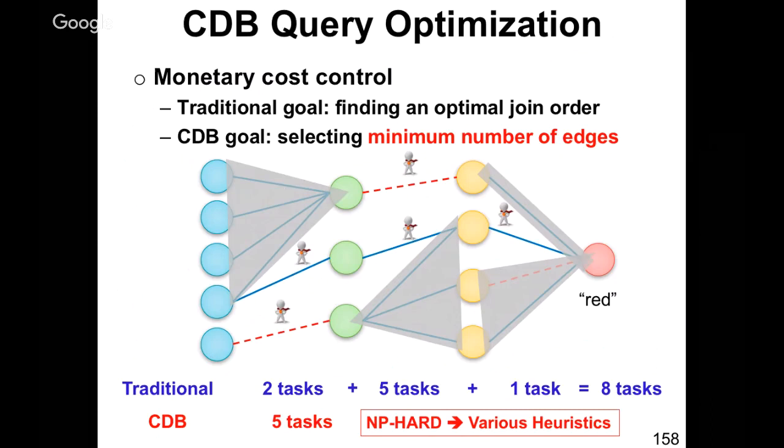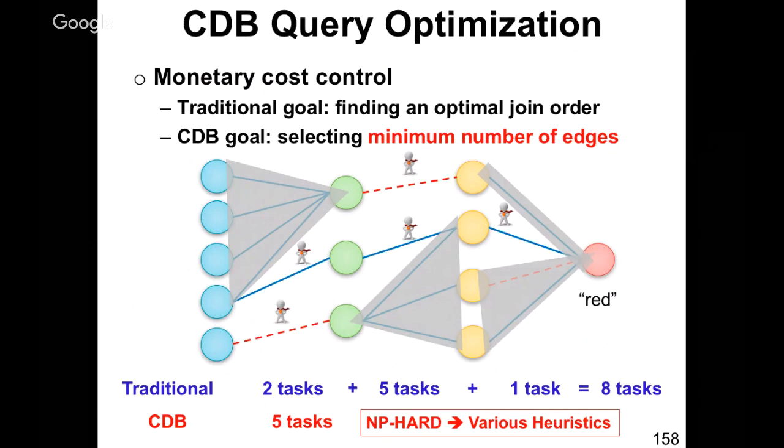The second one is about the optimization criteria. For each individual task, we do not only want to reduce the number of tasks we ask, we also want to reduce the total latency. That is the second technique I mentioned from CDB: partition the entire graph into several connected components, and then ask the questions of each component in parallel.